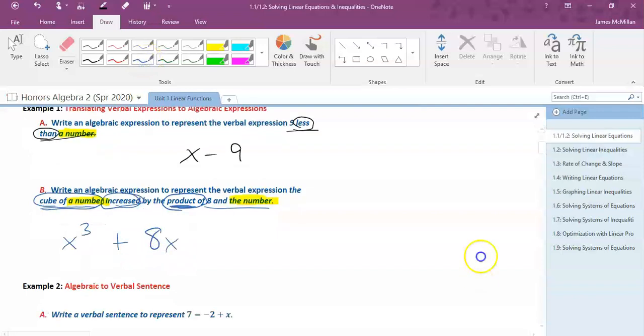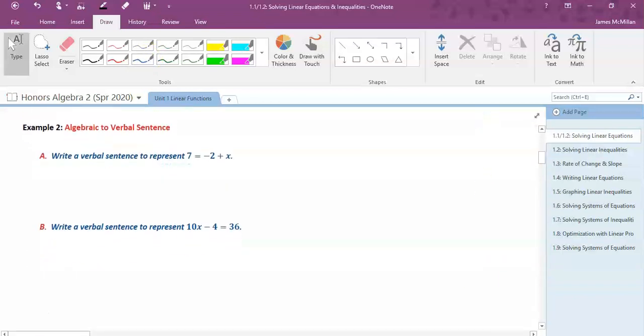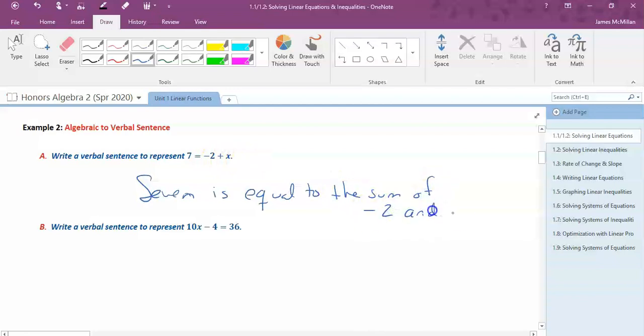All right. Example 2, going the opposite direction. We want to be able to translate this from an algebraic equation, in this case, to a verbal sentence. And so as we go from left to right, that's the best way to read this. So we have 7 is equal to negative 2 plus x, or we could say the sum of negative 2 and a number.